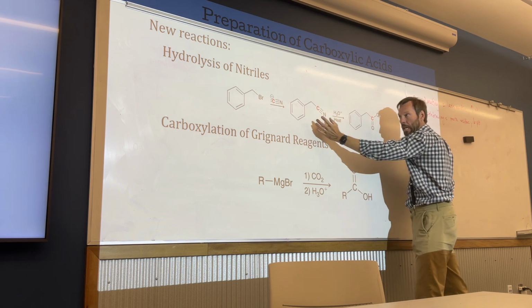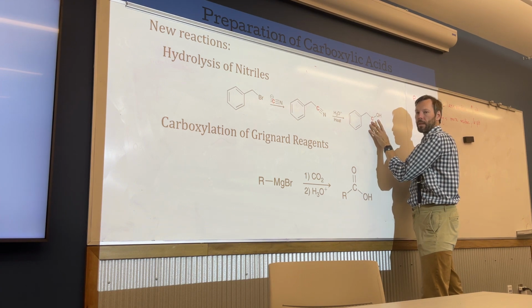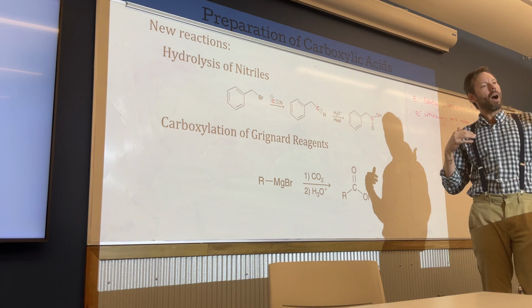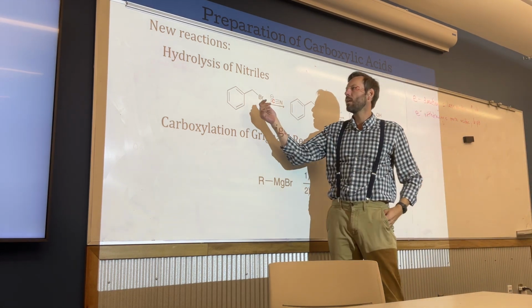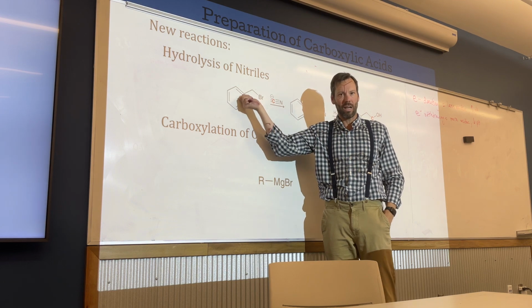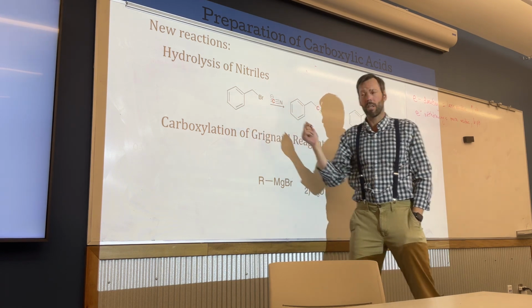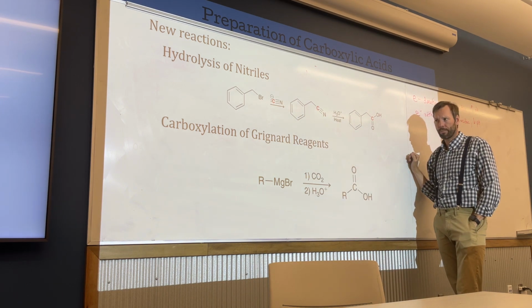So this is an intermediate step to facilitate this. So think about that again in your toolbox, right? If you're given some kind of alkyl halide on a benzene ring and you're asked to create a carboxylic acid, this is one approach that you can do.